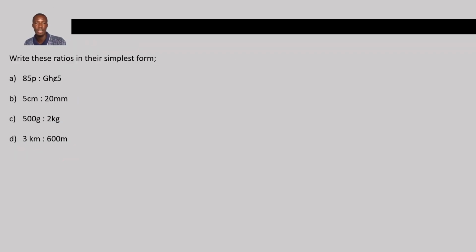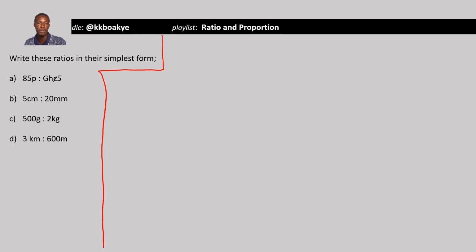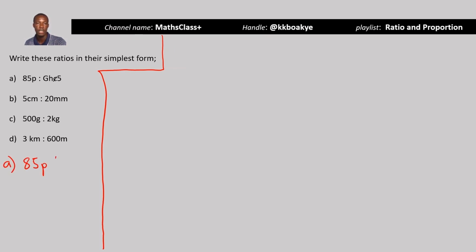Remember that we said in ratio we maintain the same unit. And so in a situation where you encounter different units, you have to convert the units and make them the same. So in this example A, we have 85 pesewas is to 5 Ghana cedis.